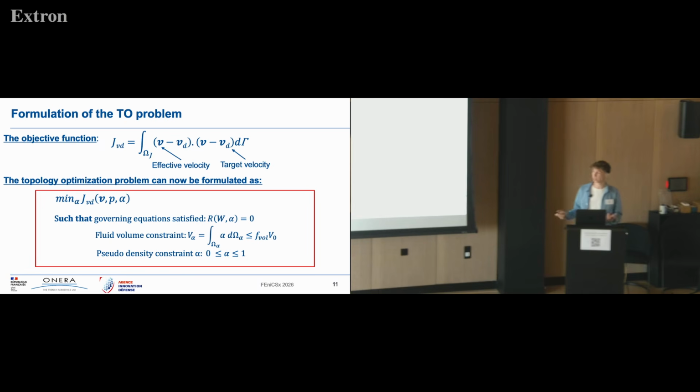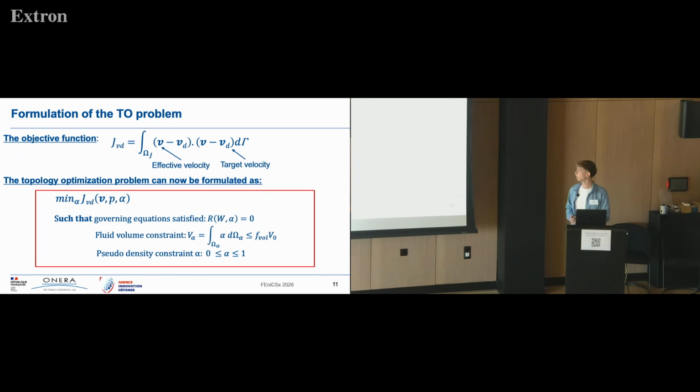And now we can formulate the topology optimization problem such that we minimize the objective function, such that the residuals of the governing equations are equal to 0, with a fluid volume constraint in the design zone and a pseudo-density constraint alpha between 0 and 1.